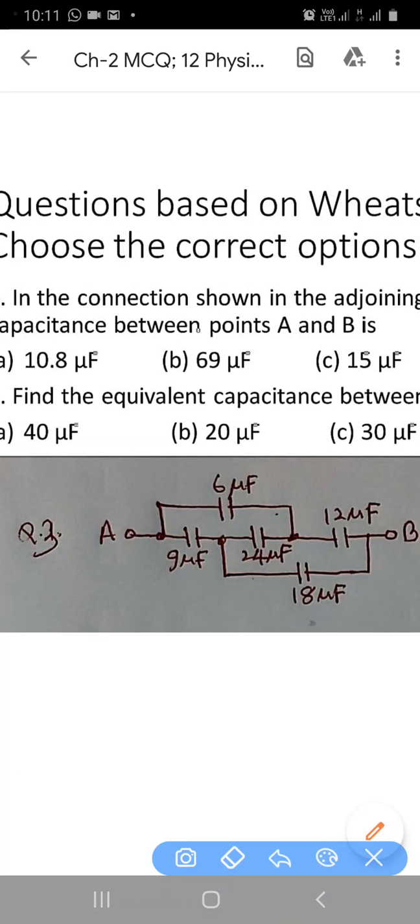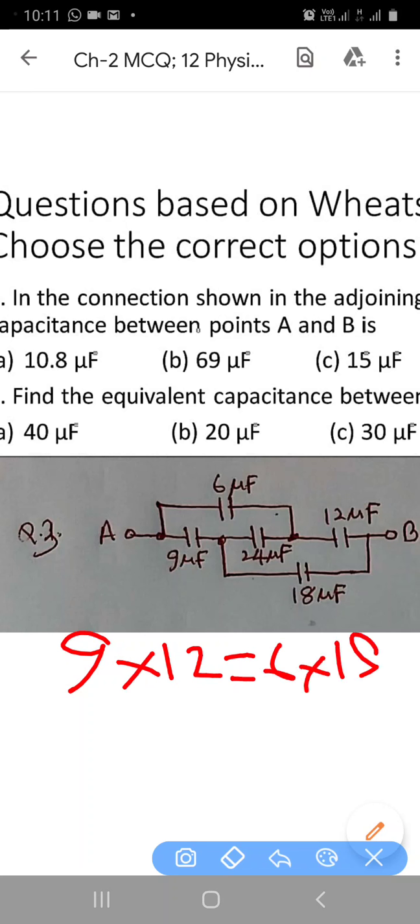First we check whether this Wheatstone bridge circuit is balanced or not. So you can do cross multiplication, 9 into 12 equal to 6 into 18, and that will be equal to 108. So this Wheatstone bridge circuit is balanced, so no charge will flow through the 24 microfarad, and the 24 microfarad capacitor will be open.